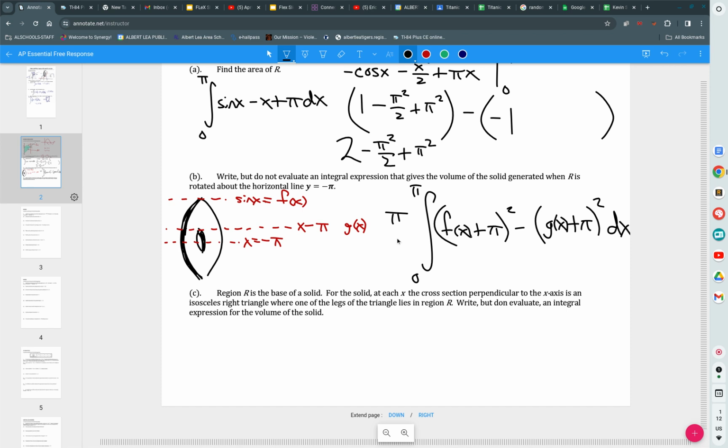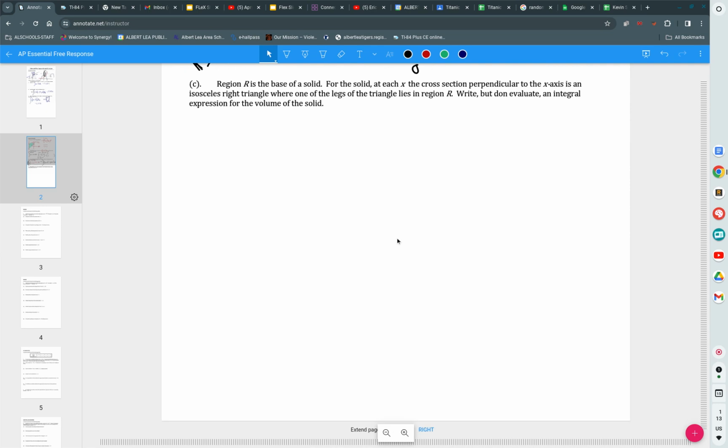Okay, try letter C on your own. Can you do letter C? So we want to start with how do you find the width of this.